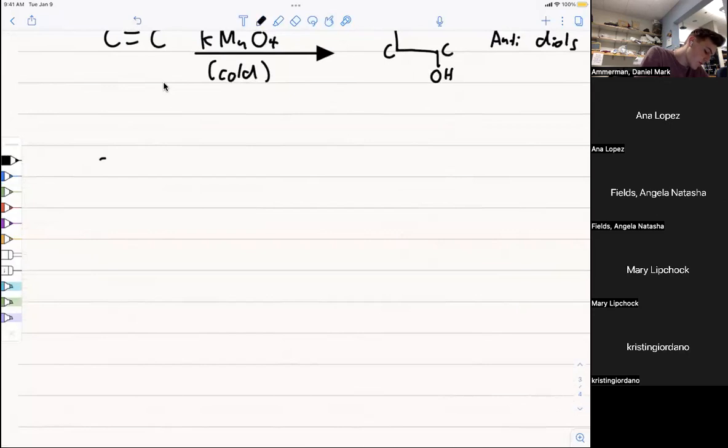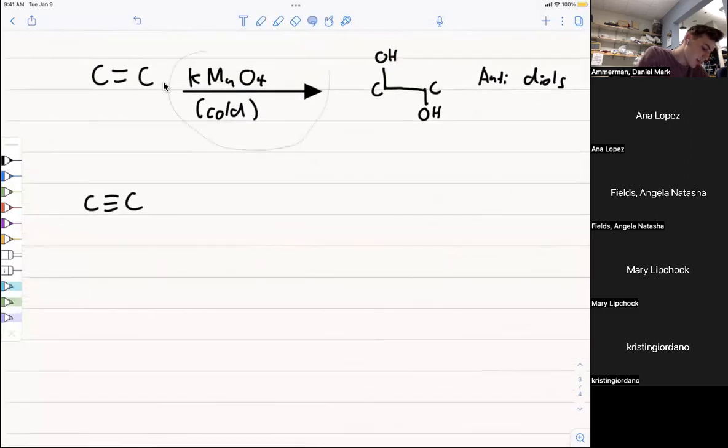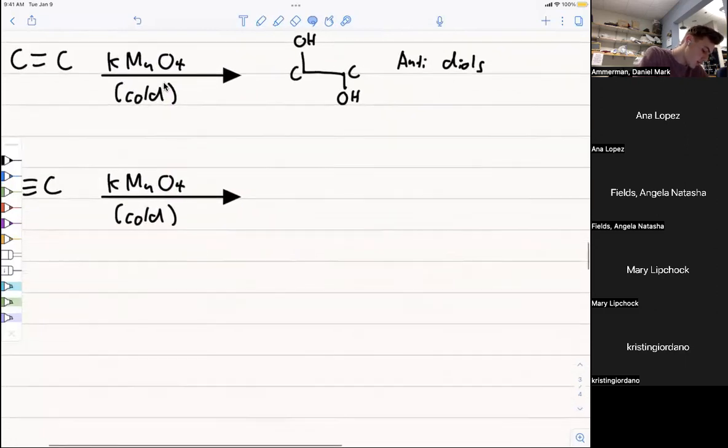When you have a triple bonded carbon and cold permanganate, we end up with diketones. And they're typically going to be anti.